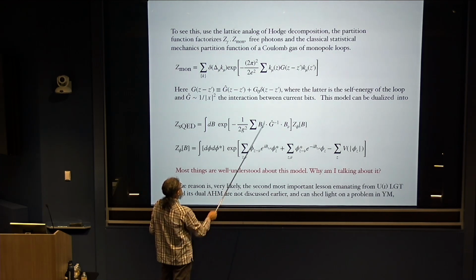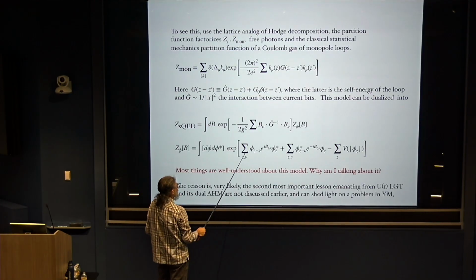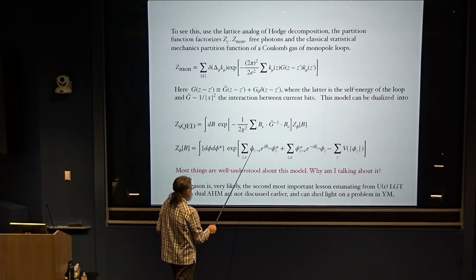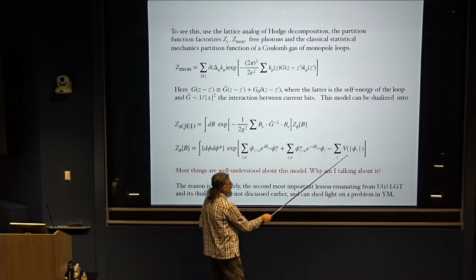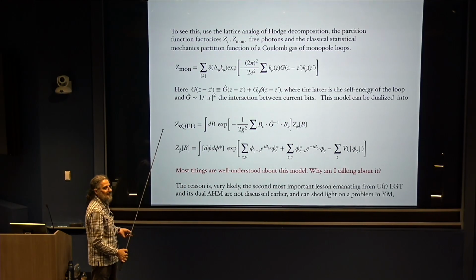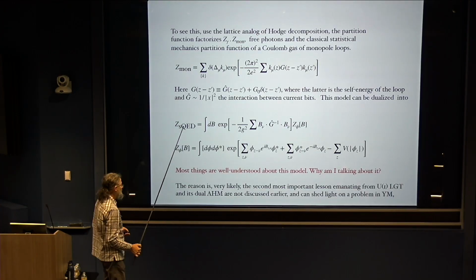You can actually derive this formula from the world line representation of this lattice model, a scalar monopole coupled to a dual gauge field and incorporating some potential. And most things in this model, as I said, are very well understood. Okay?